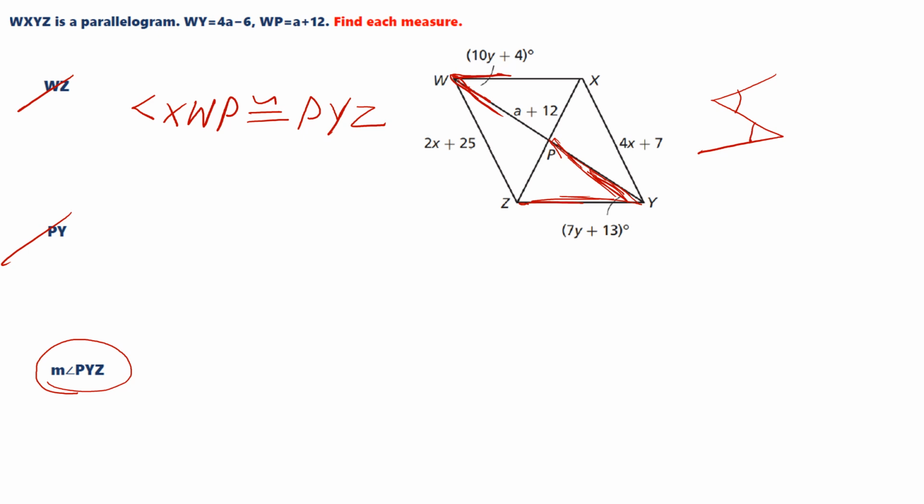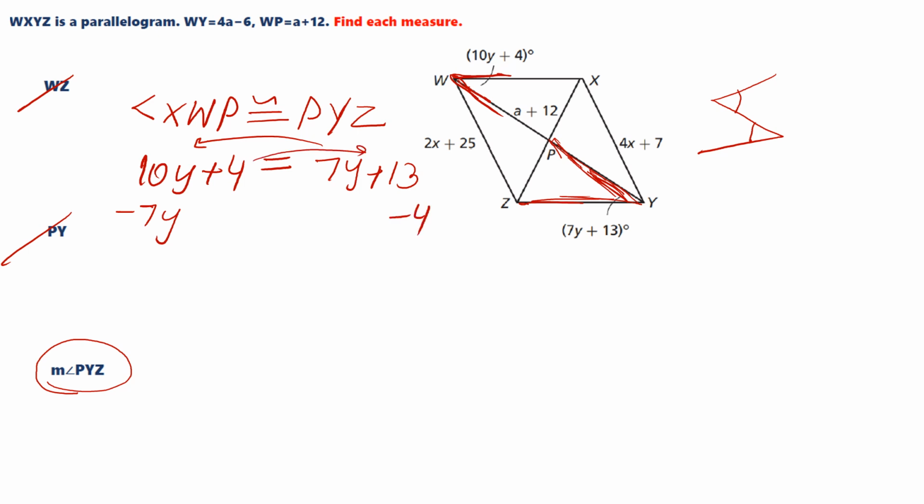So what will I write? XWP, which equals 10y plus 4, equals 7y plus 13. Bring the 7y over here, so you will get negative 7y. Bring the 4 here, you will get negative 4. So 10 minus 7 is 3y and 13 minus 4 gives you 9.